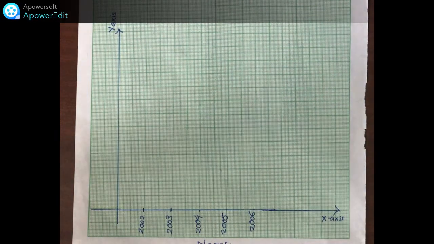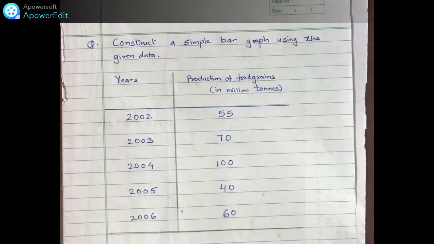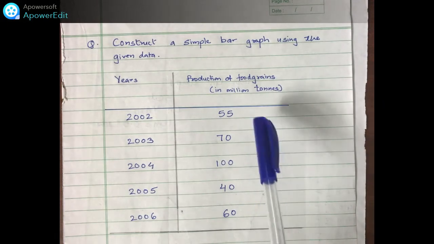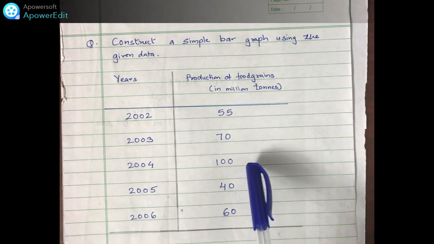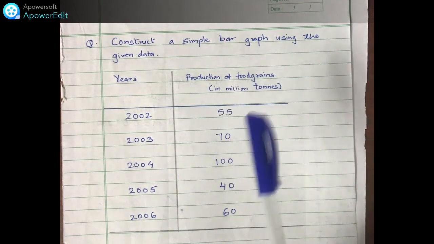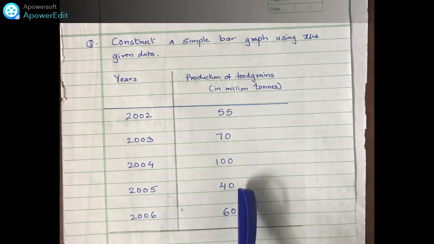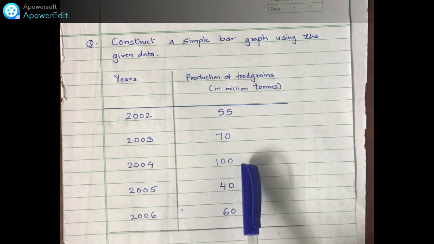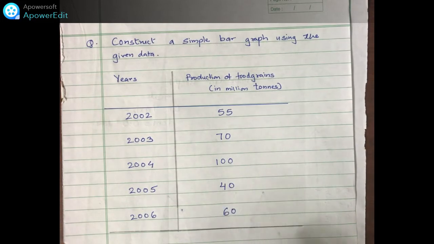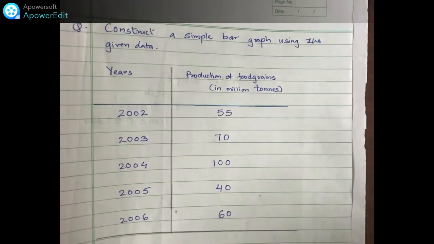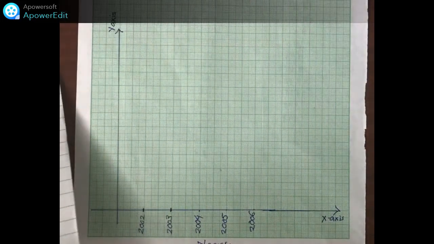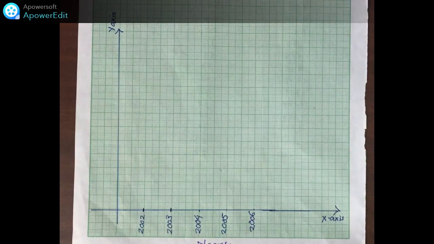Now on the y-axis, the lowest value for production of food grains given over here is 55, and the highest value is 100. Sorry, not 55, but the lowest value is 40 and the highest value is 100. So looking at this range of the values of production of food grain, we can decide accordingly.